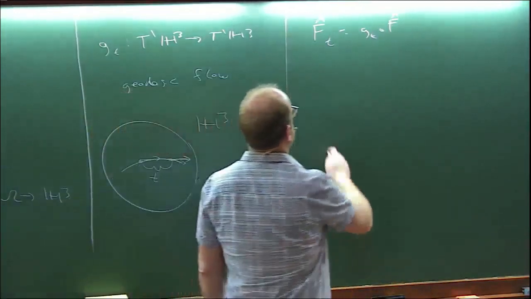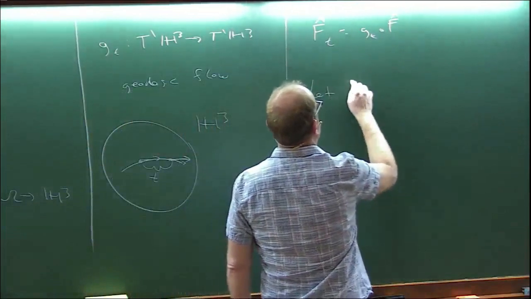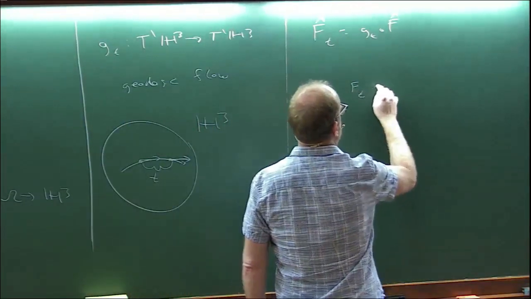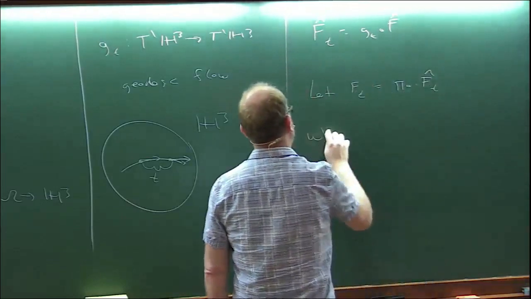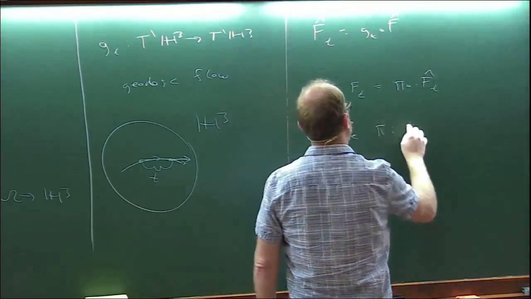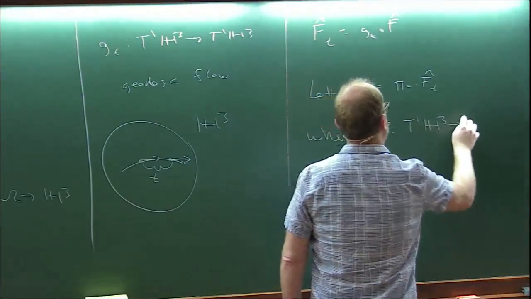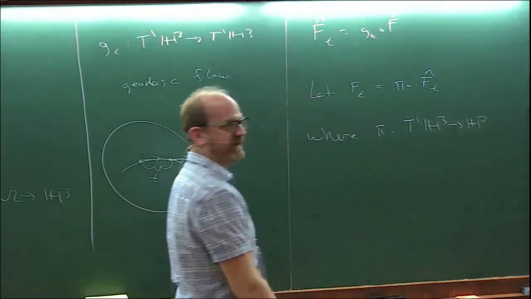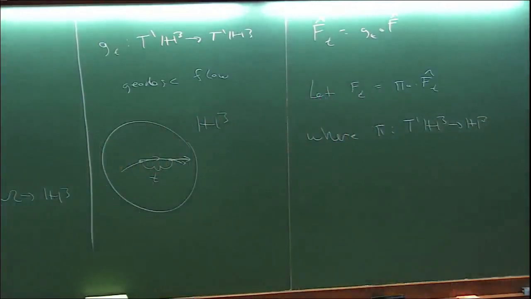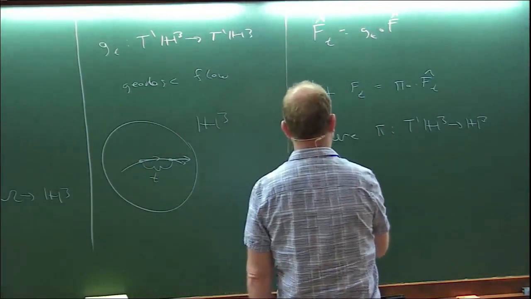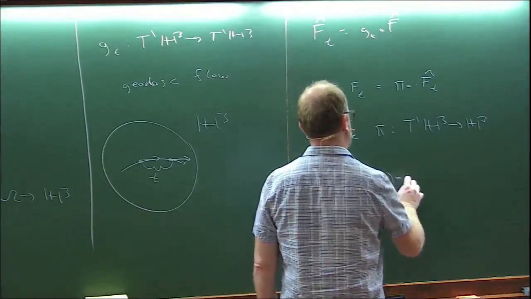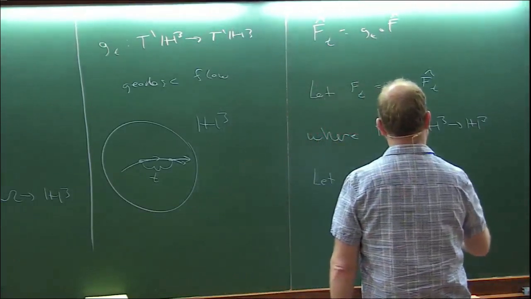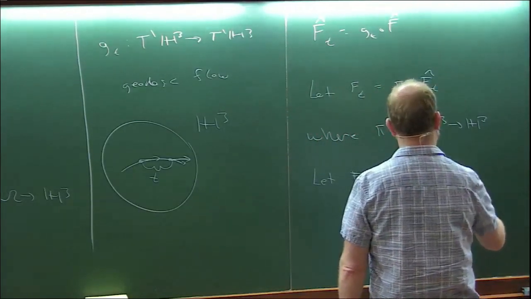And then I can let capital F of t be I composed with that, where I is the projection of the unit tangent bundle back to H3 itself. And then we can take the limit, so we can let f infinity of z be the limit as t goes to infinity of these maps.